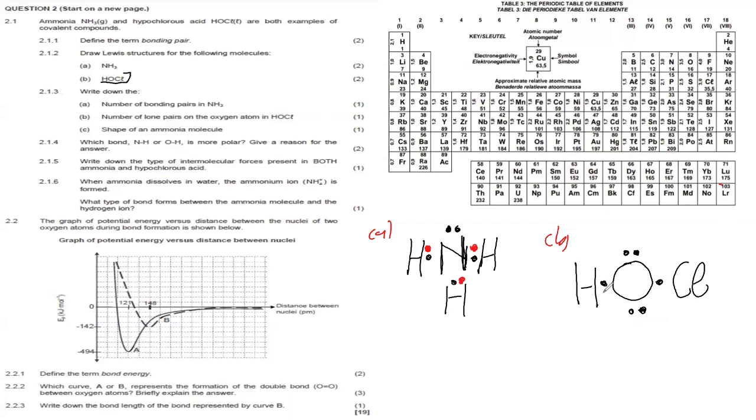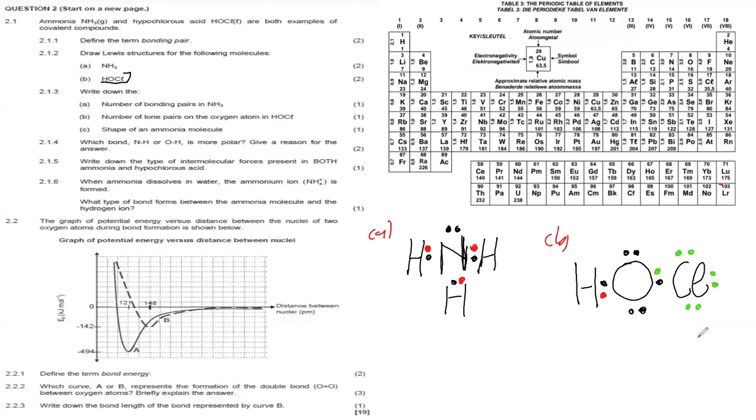The hydrogen comes with its 1 valence electron, but the chlorine, remember, is in group number 17, meaning it has 7 valence electrons. So that's 1, 2, 3, 4, 5, 6, 7. Now it is not necessary for you to have all those different colors to indicate.